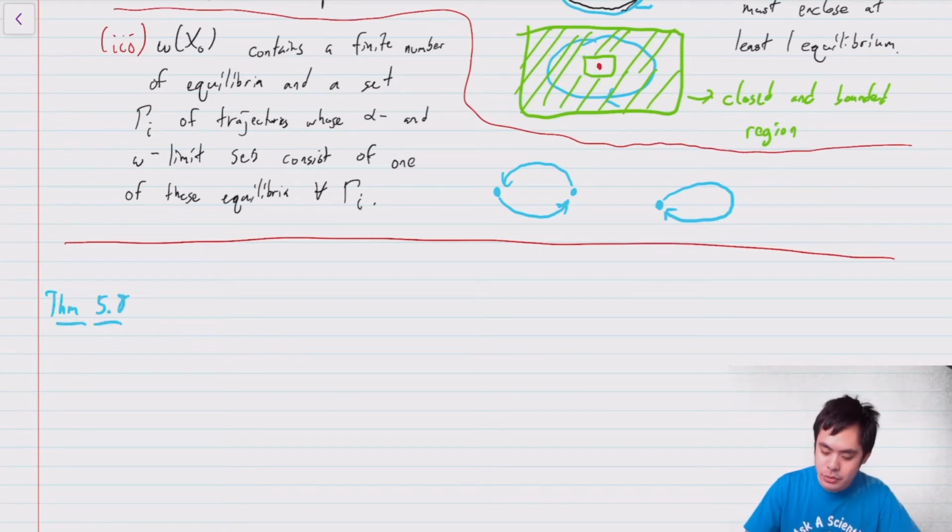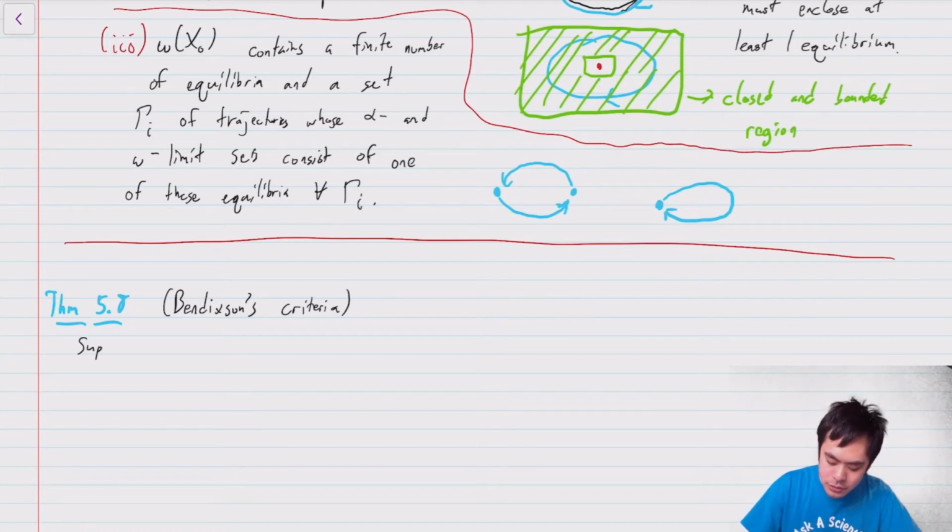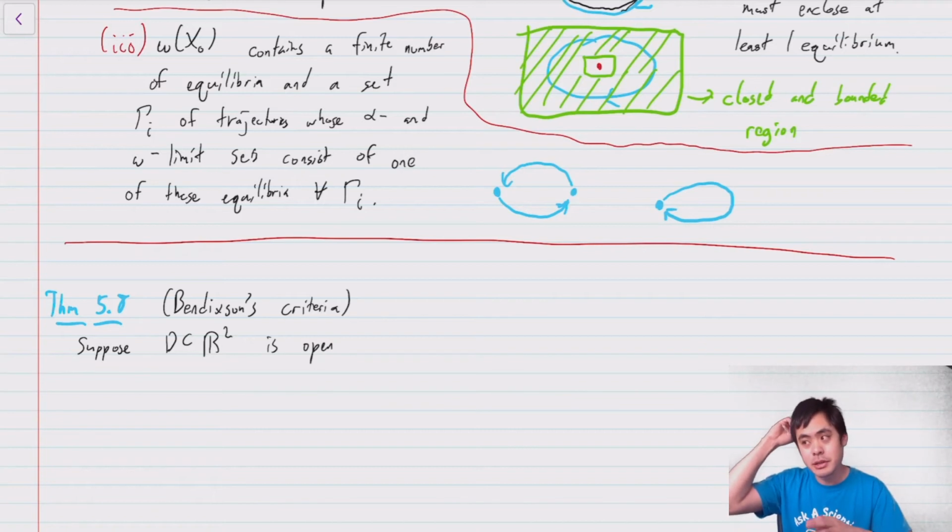Theorem 5.8, which is also called Bendixson's criterion. We're going to suppose that we have some set D contained in R squared that is open. Note that earlier for the Poincare-Bendixson theorem, we talked about a closed and bounded set.